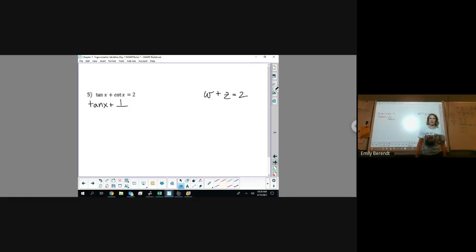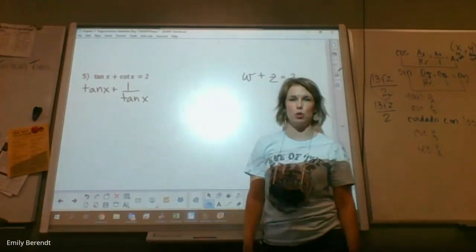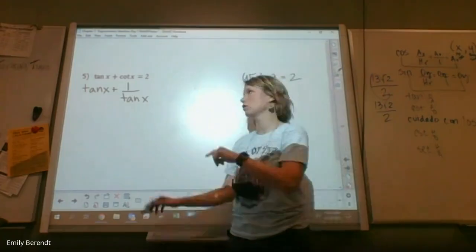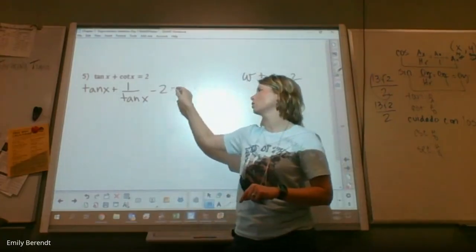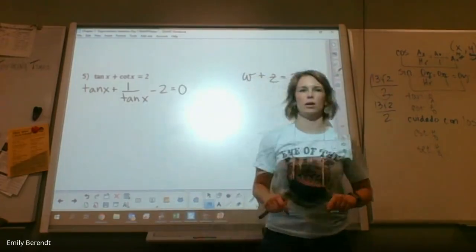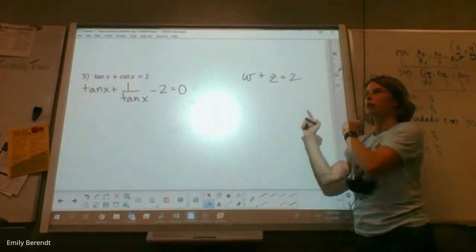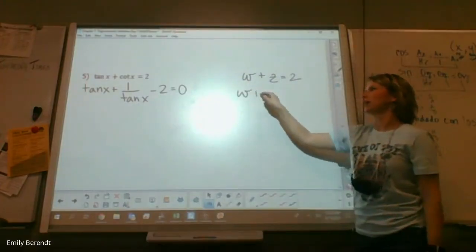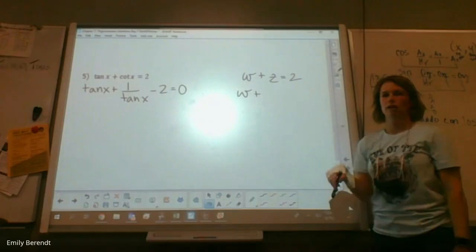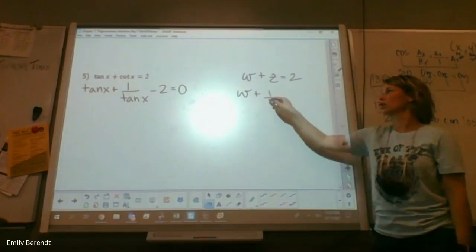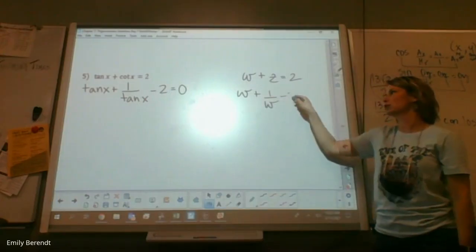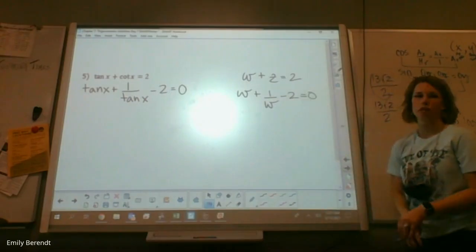And at the same time, what are we going to do with the 2? We're going to subtract it over and we're going to have minus 2 equals 0. All right, so I'm going to go back over here to my algebra. And I'm now going to have w plus 1 over w minus 2 equals 0.